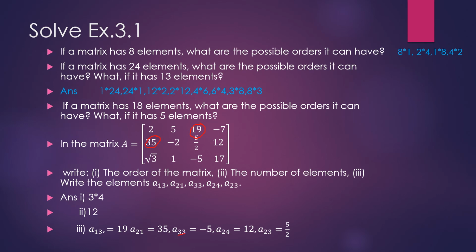That is third row, third column. That is -5. Then I want second row, fourth column. This is my second row and this is my fourth column. So my answer will be 12. Then I want A23. That is second row and third column. That is 5 by 2.